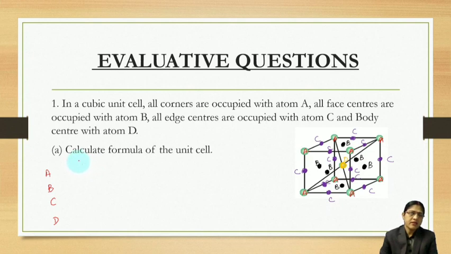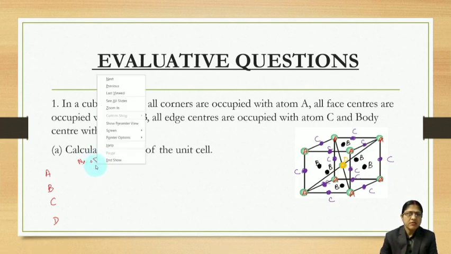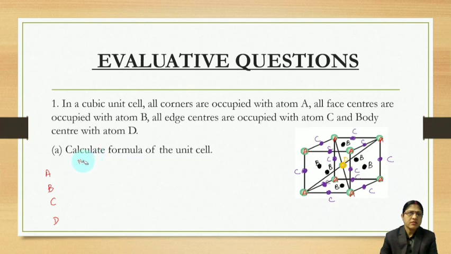Corner, number of atoms, is 8 and their contribution, it is 8 into 1 by 8 is equal to 1, right?